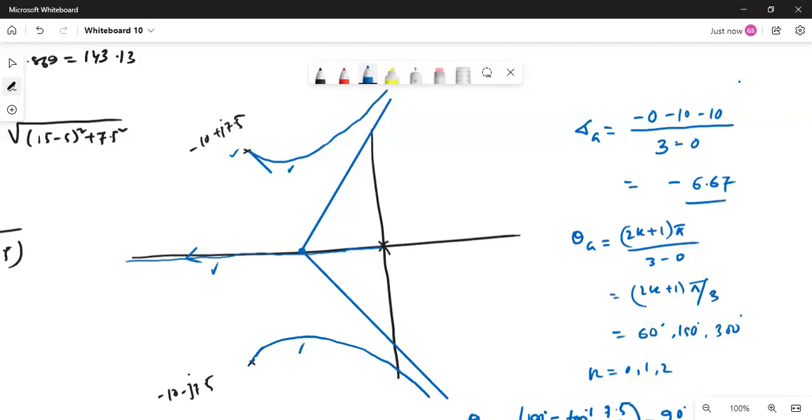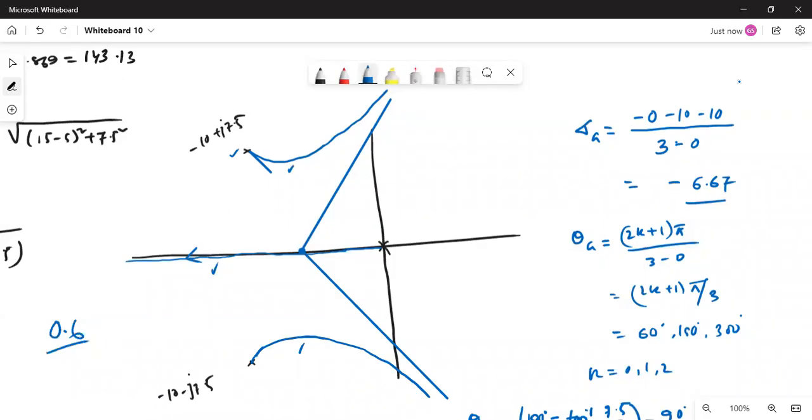So what they're asking you to draw next is basically finding the overall transfer function for a closed loop damping of 0.6. So based on that, you will find another zeta line, and that zeta line will intersect with your given root locus, and that will give you the dominant second order poles.